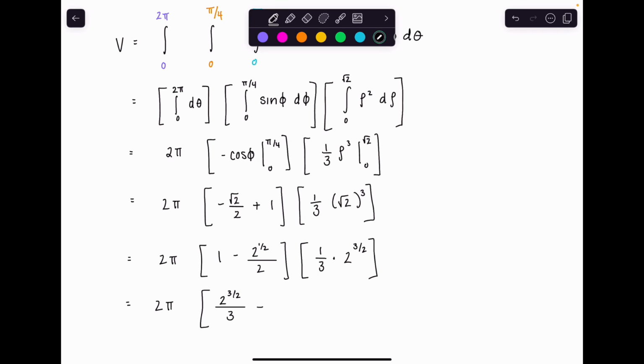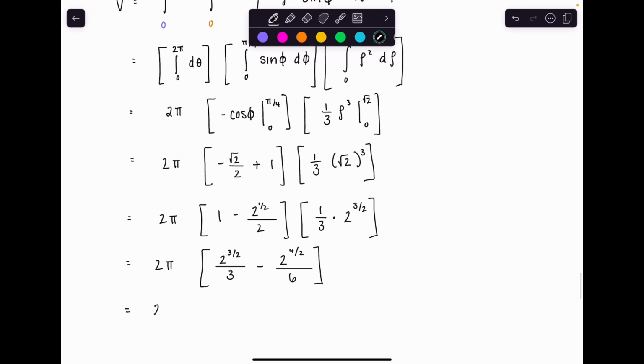And then when I distribute this, you're going to be left with a 6 in the bottom. And then we go ahead and add these exponents together. So that gives me 2 to the 4/2 in the top and 6 in the bottom. And 2 to the 4/2 simplifies, that's really 2 to the second.